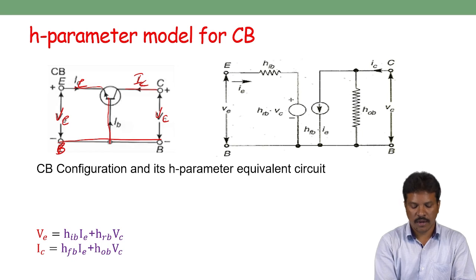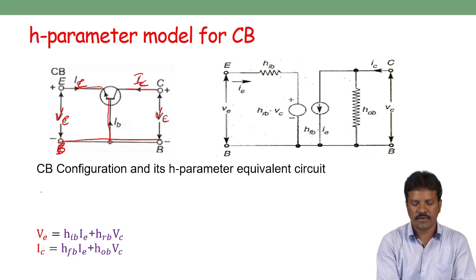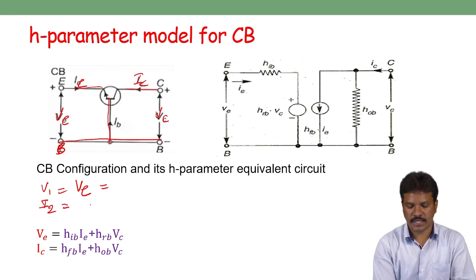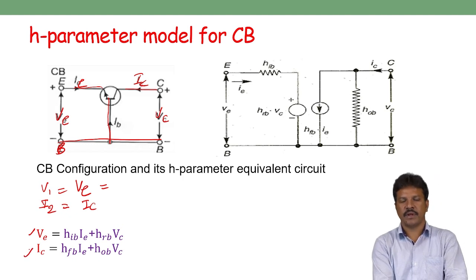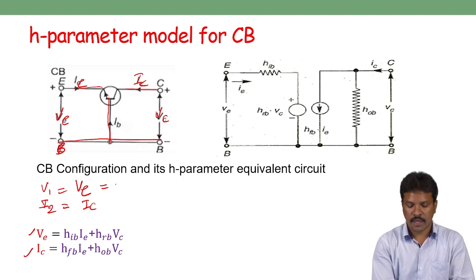So in our generalized equation, what is the input voltage? VE. What is the output current? IC. So VE and IC are the dependent variables.